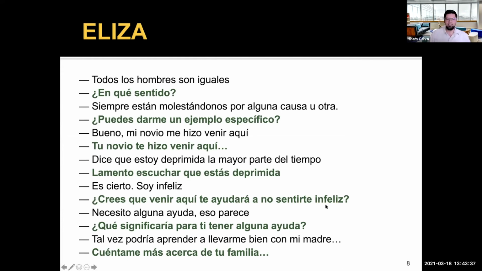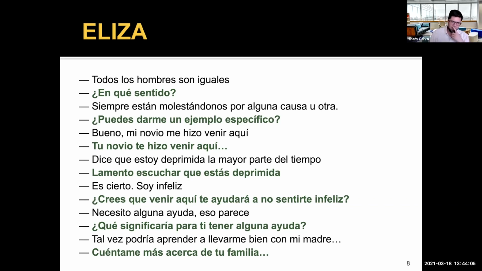Eliza says, "All men are the same." So we can assume the patient is a woman complaining about men. "All men are the same." Eliza asks, "In which sense?" And the patient says, "They are always bothering us for one cause or another." Eliza, always in green, says, "Can you give me a specific example?" "Well, my boyfriend made me come here."